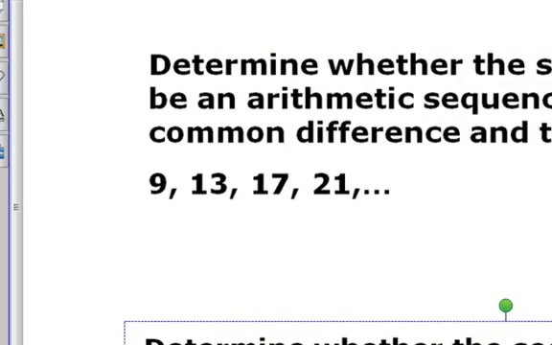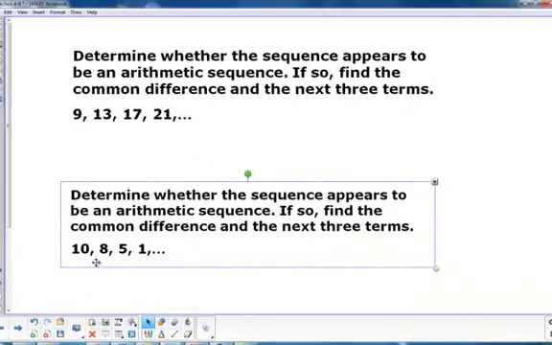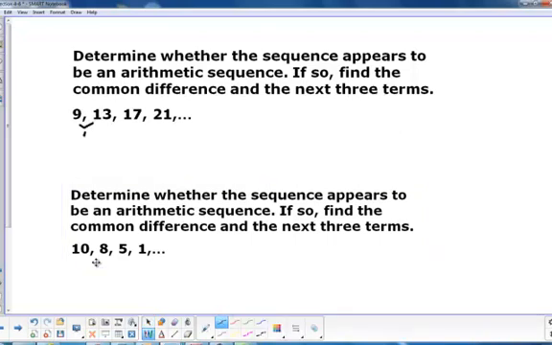So we're going to start off by figuring out if it is arithmetic, which means it's linear, and if there is a common difference. So 9 to 13 is 4. And 13 to 17 is 4. And 17 to 21 is 4.